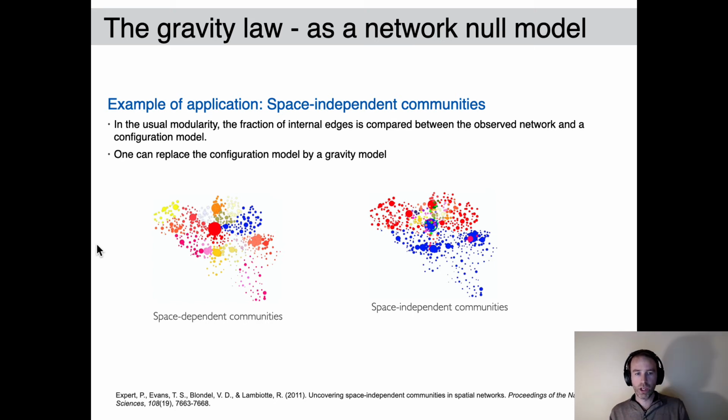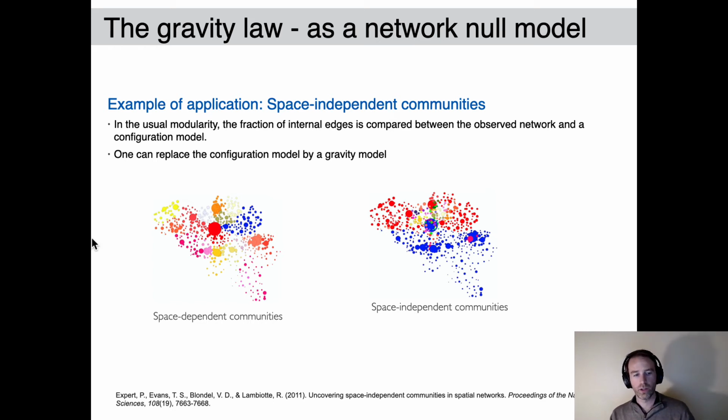And this modularity is defined as the actual number of edges inside communities minus the expected number of edges inside communities according to a random graph model, a null model. And typically, with the usual definition of modularity, this random graph model is the configuration model. So we are taking the degrees of nodes into account, and the probability of observing edges inside a community depends on the degree of nodes inside these communities.